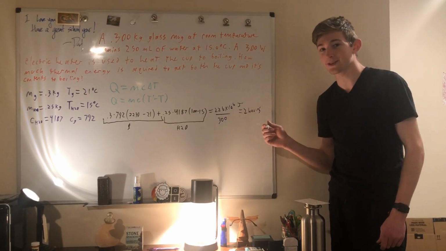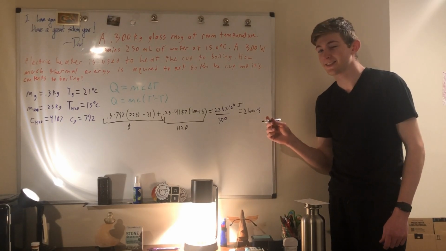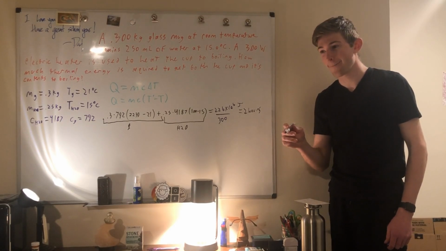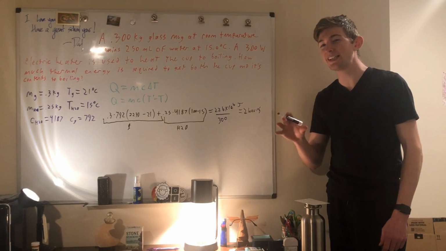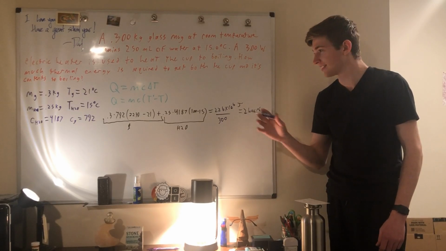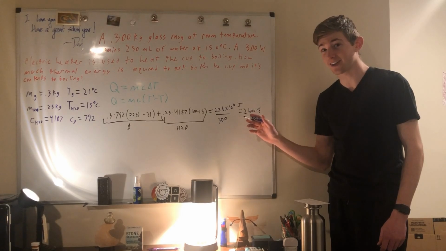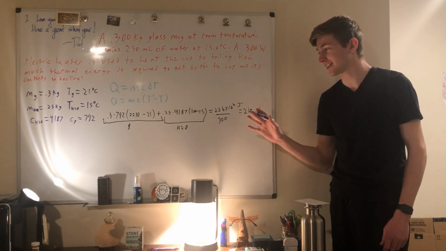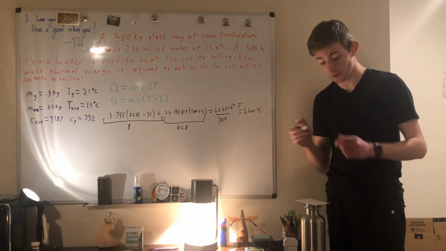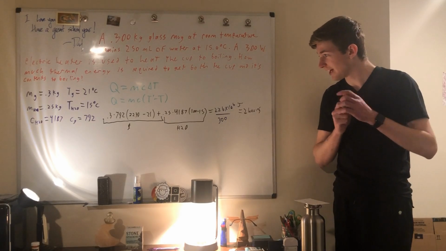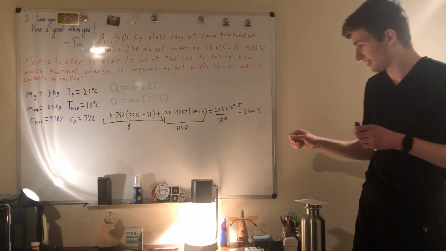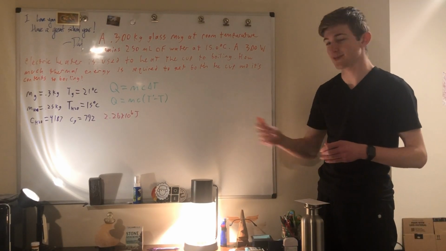Only 2 hours. So let's take it a step further. What if I wanted to completely vaporize the mug in the water? How long would that take, and how much energy would that take? Well, for that, we are going to need to add on to this. Right, with editing magic, it has moved.